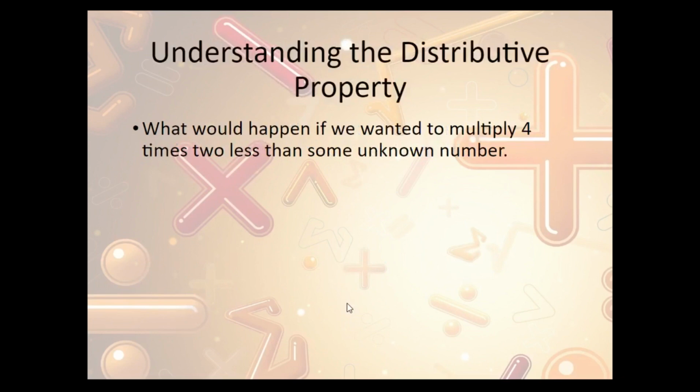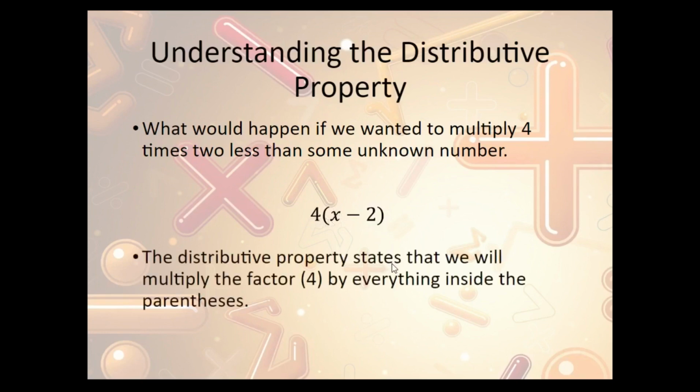So, the distributive property. What would happen if we wanted to multiply 4 times 2 less than some unknown number? So instead of just being 4 times x, we want it to be 4 times some grouping of a number, in this case x minus 2. So we write it just like this, 4 times x minus 2. The distributive property states that we will multiply 4, the number outside, by everything that's inside the parentheses.